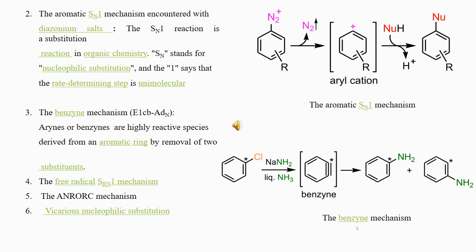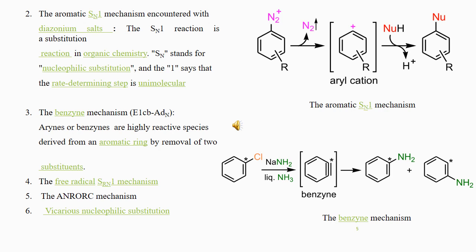Arynes or benzynes are highly reactive species derived from an aromatic ring by the removal of two substituents: chlorine from the upper carbon and hydrogen from the lower one have been removed to make this benzyne. So this mechanism proceeds through the benzyne intermediate, so that is called the benzyne mechanism, and then the attacking nucleophile attaches to the benzyne ring.